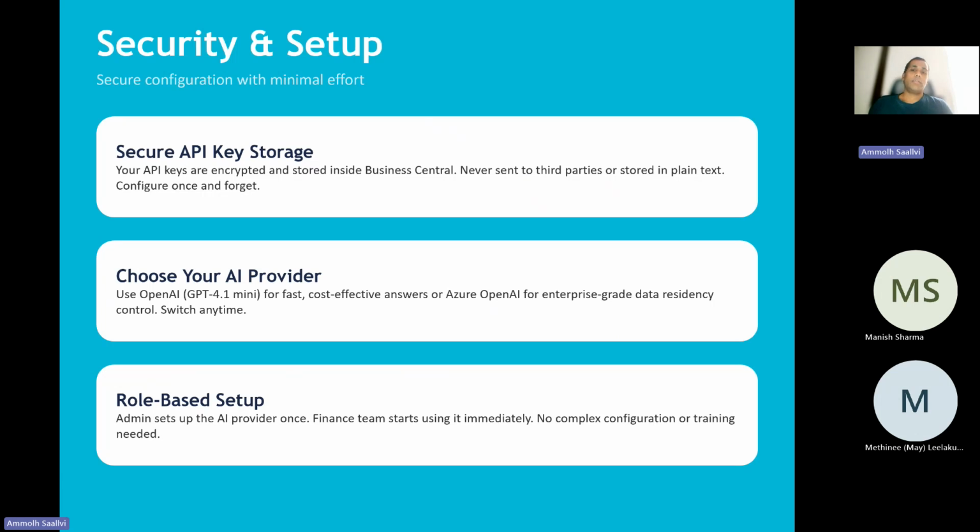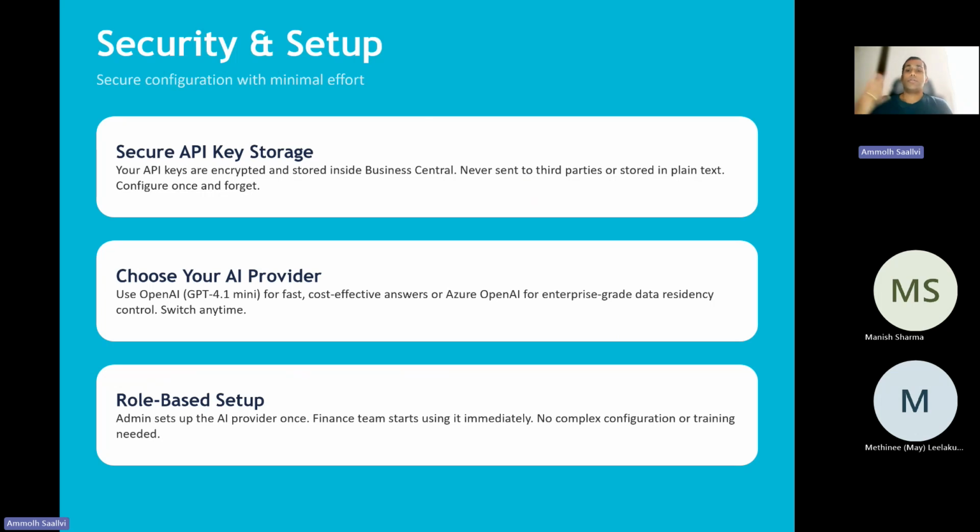Choose your AI provider. Use OpenAI for fast, cost-effective answers. Normally I use GPT 4.1 mini in this case because it takes fewer tokens and gives faster responses, since you are just asking questions to the agent, not building anything on the agent part.